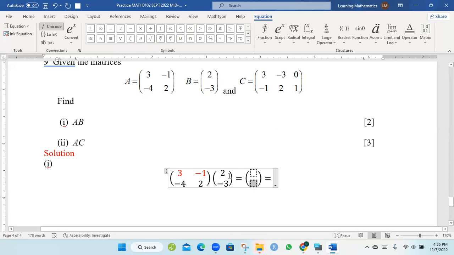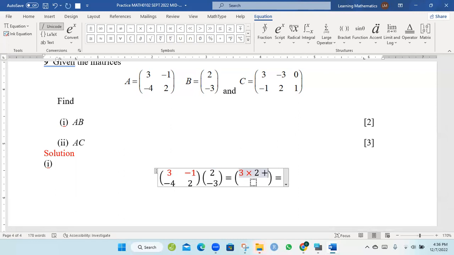Now, to get this number there, we have to take the 3 and multiply it by the 2. Plus, okay, when you see multiplying matrices, there is a plus involved, because we have to use all the numbers in the row of the first, and all the numbers in the column of the second.